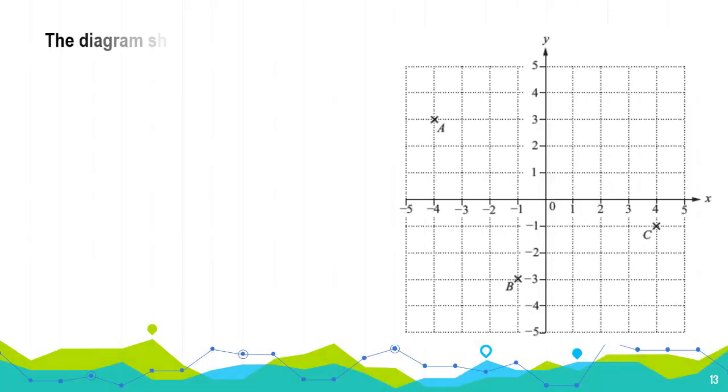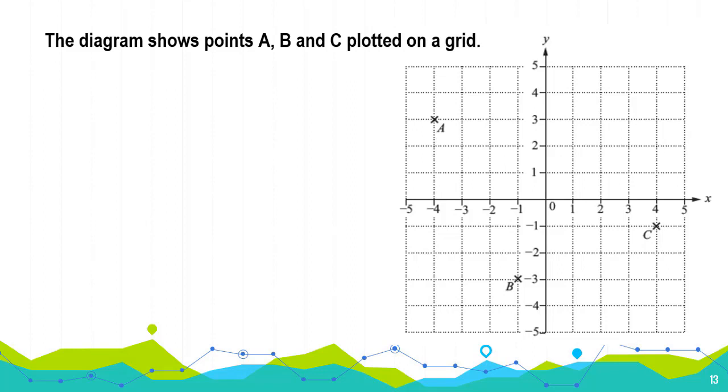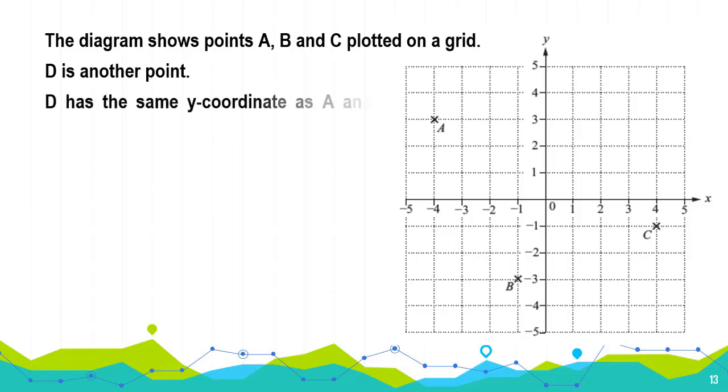The diagram shows points A, B, and C plotted on a grid. D is another point. D has the same y coordinate as A and CD is parallel to BA.